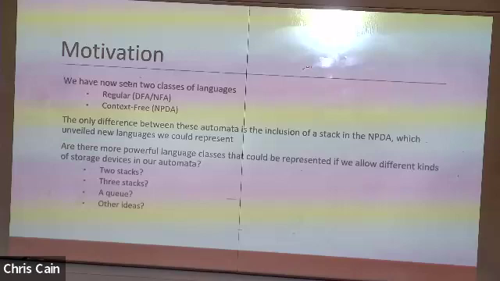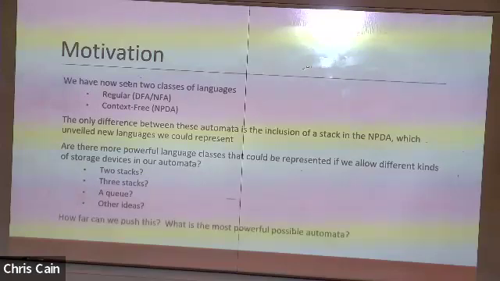Use something like a tree map or a hash map or any of the other structures that you covered in data structures or algorithms or wherever you've heard of them before. You could use a heap, you could use any storage structure. Does it increase the flexibility of the languages that you can represent if you do that? The answer is not meaningfully.